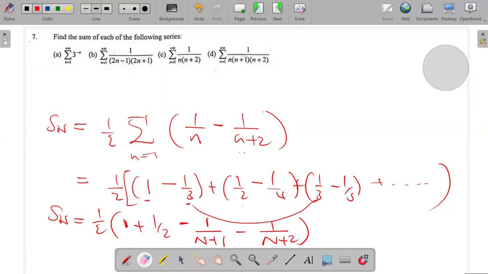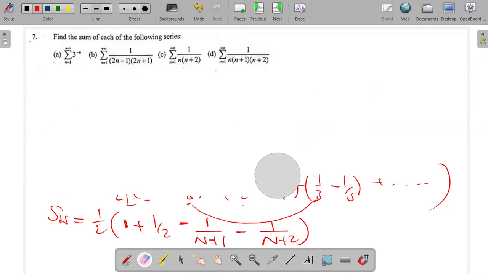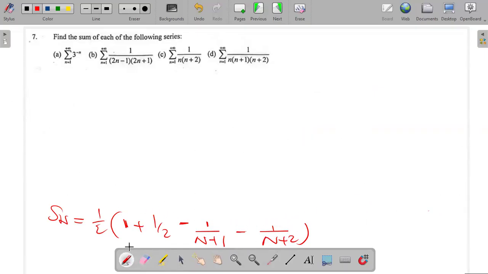Okay, so we wrap this up. What does this mean? We know that n is approaching infinity from the question we have here. So the last two terms, as n approaches infinity, become zero.